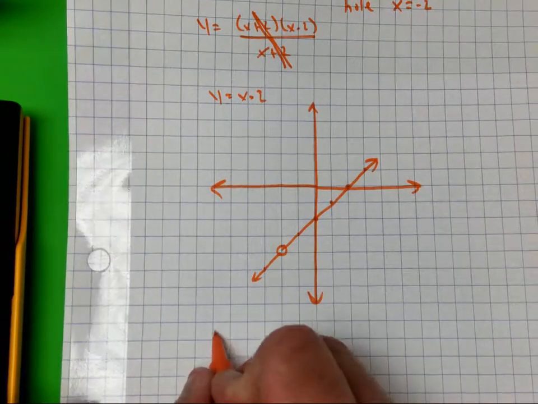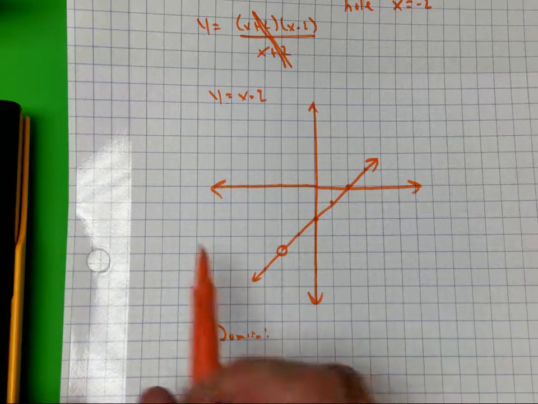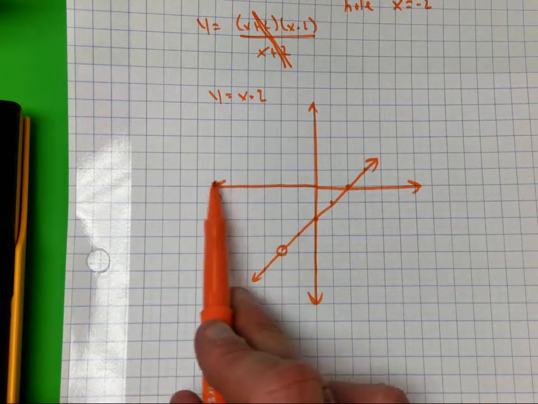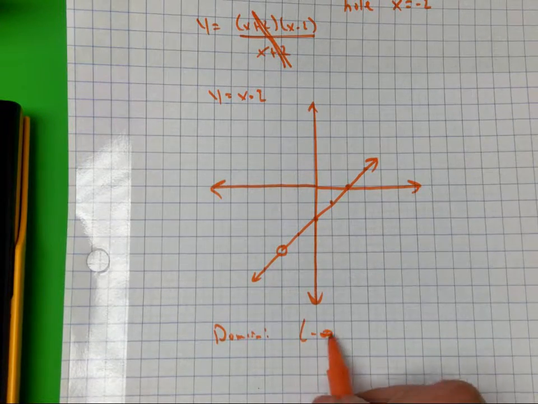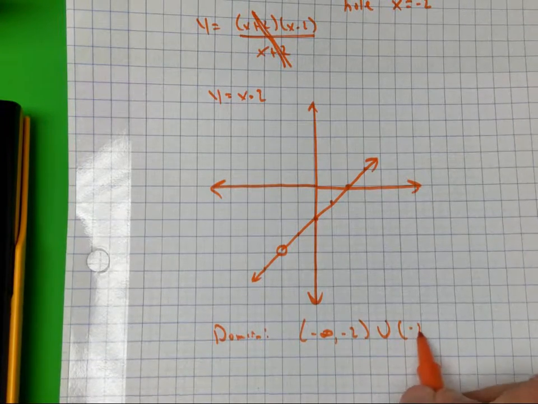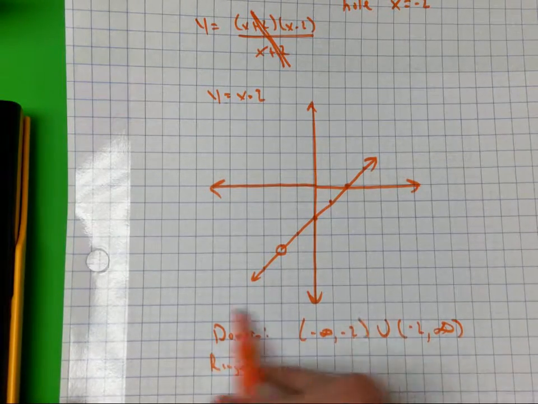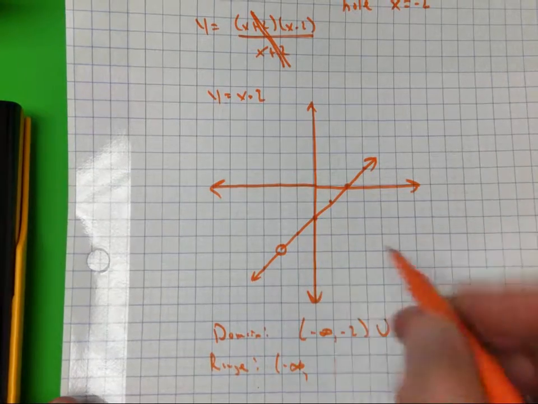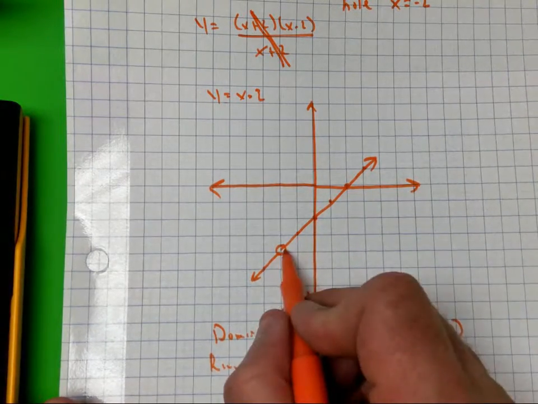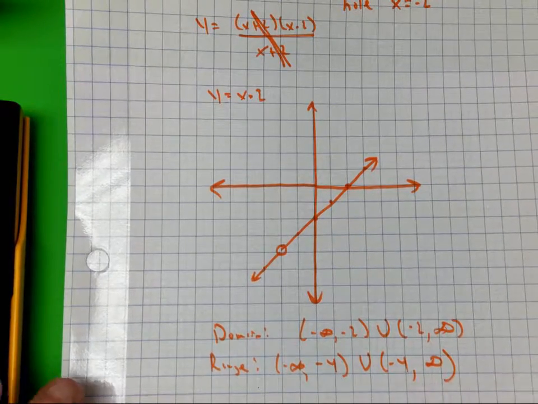Let's talk about the domain. Starting from left to right, it will come all the way to, we'll go hiccup right here. So negative infinity to negative 2, union negative 2 to infinity. Range, negative infinity till we get to this number, 1, 2, 3, 4. Negative 4, union, because that's at negative 4, union negative 4 to infinity.